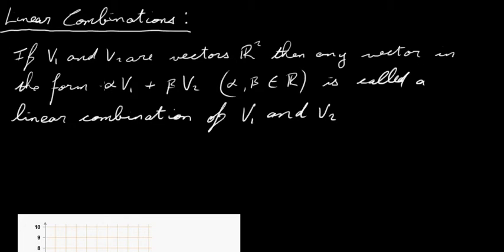That's why it's called linear, if you like. We're multiplying v1 by a scalar and v2 by a scalar quantity, and then we're adding the result. So we get a vector that's called a linear combination of v1 and v2. I've just used R2 here, but you can use R3, R4, R5, any dimension you like.